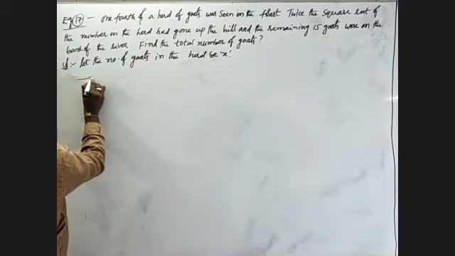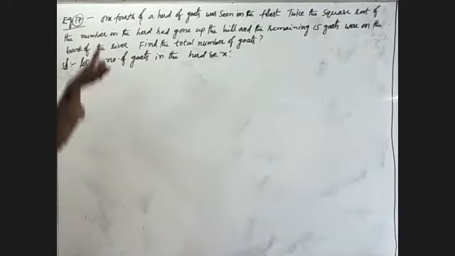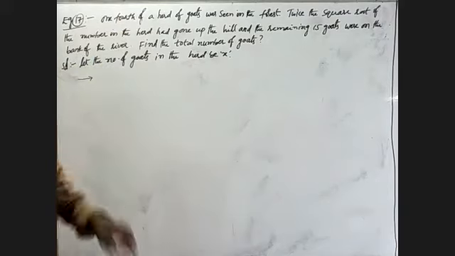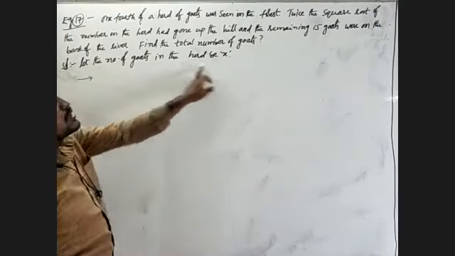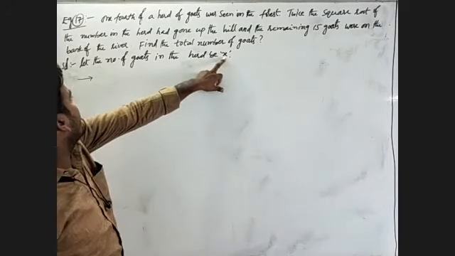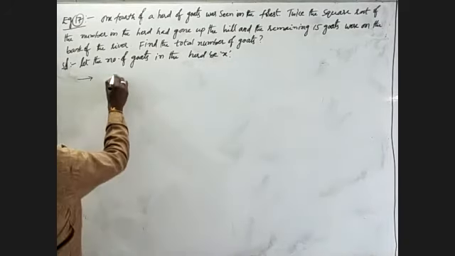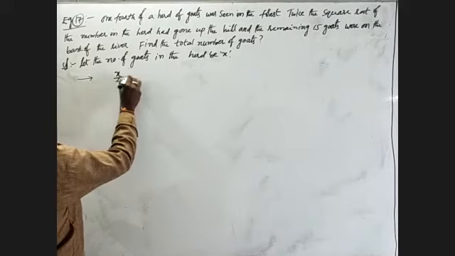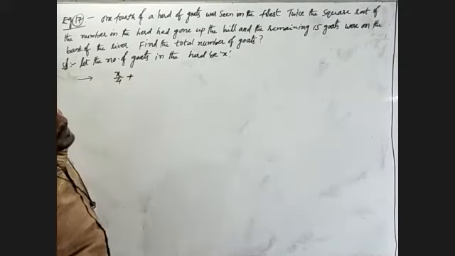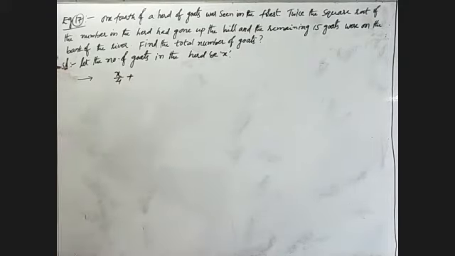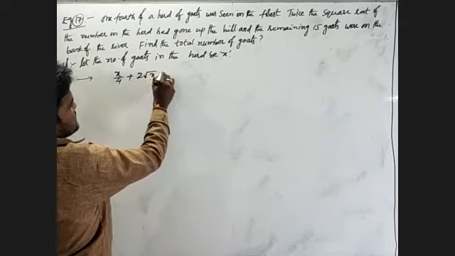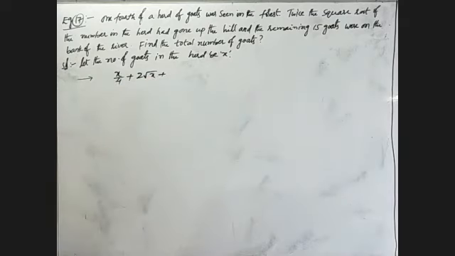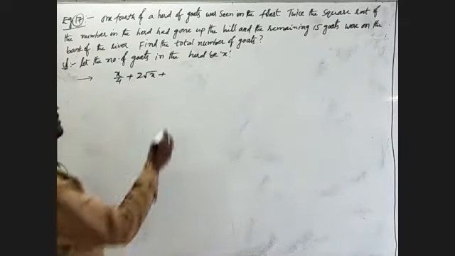Okay, what is the given statement here? 1/4 of a head of goats was seen in the forest. That means 1/4 means here take the number of goats as x, so I will take x/4, plus the square root of the number in the head has gone up in the hill, I will write 2 root x, plus remaining 15 goats were on the bank of a river.